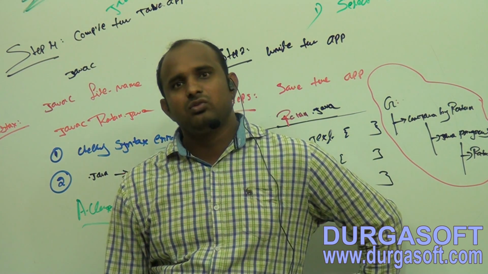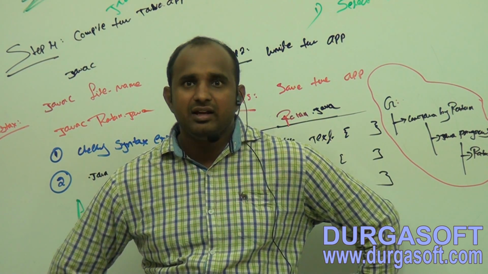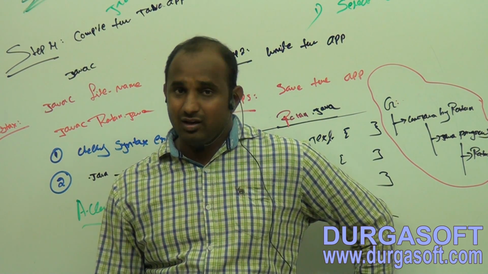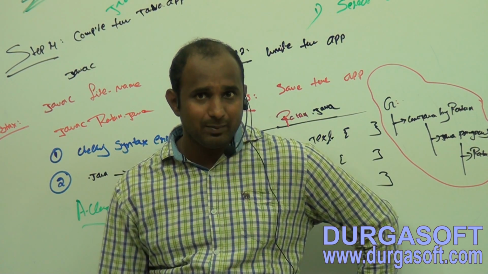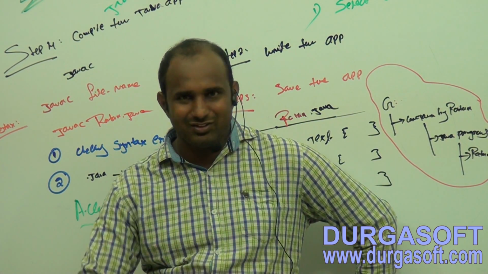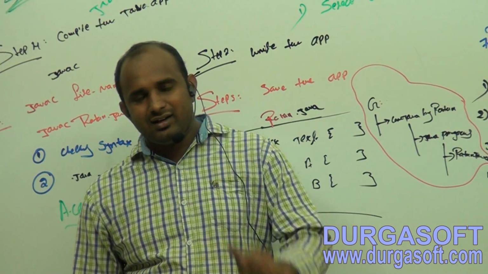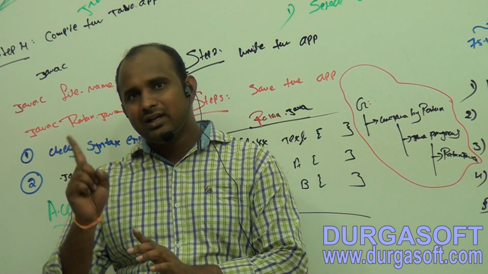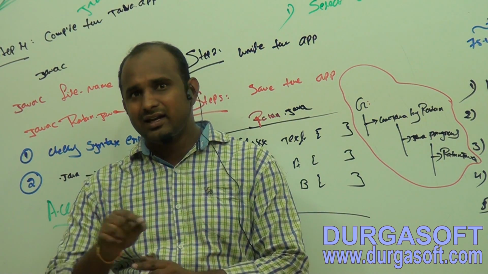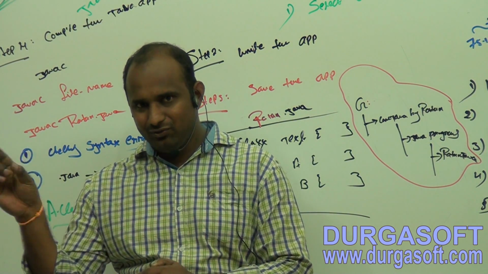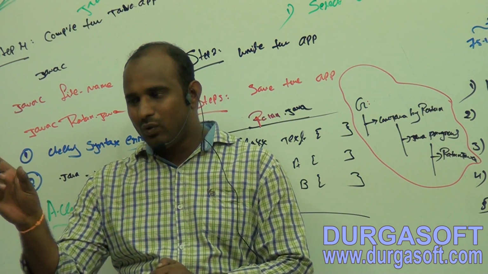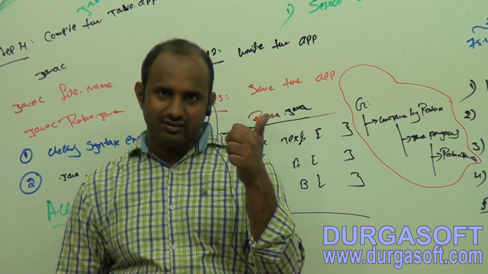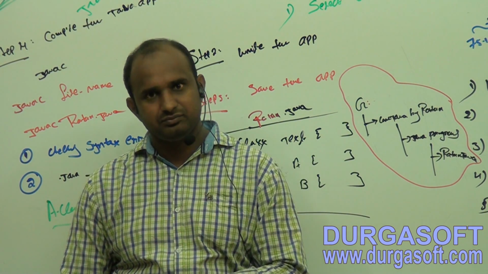Inside the source file, it is possible to declare any number of classes, no problem at all. Real time doesn't contain this type of scenario. In real time, you can take 100 classes. One class contains the main method to control the remaining 99 classes; in it we create objects and access the methods. Having 3 classes with main methods is also valid.